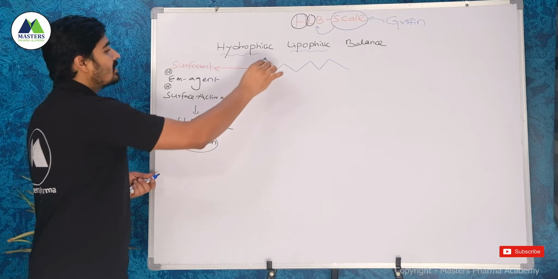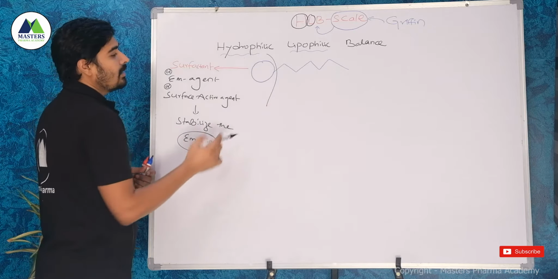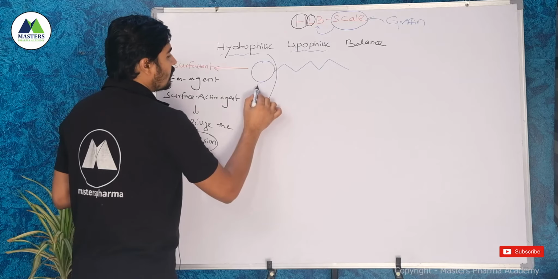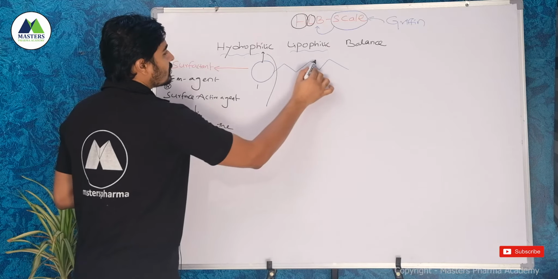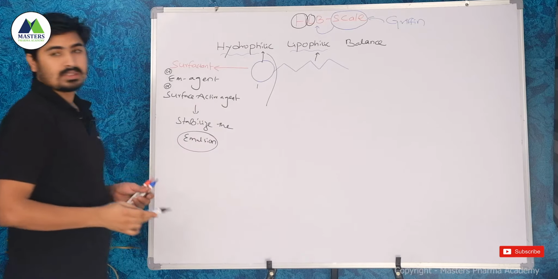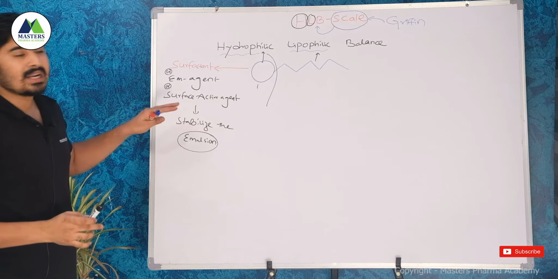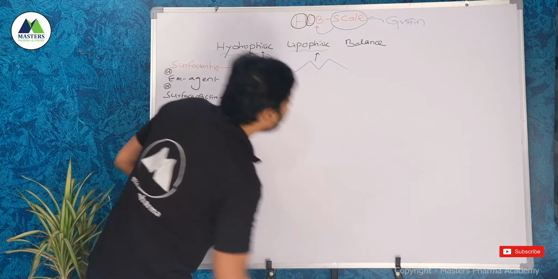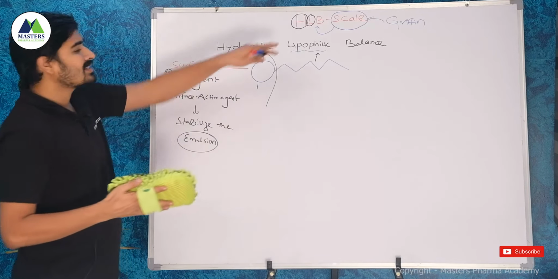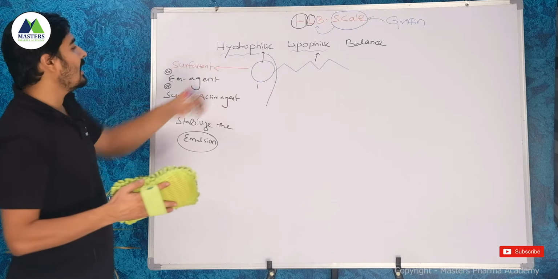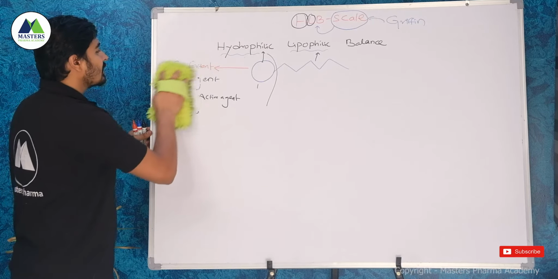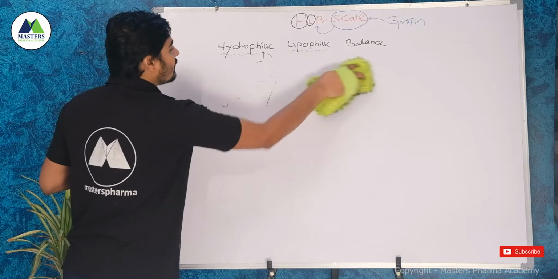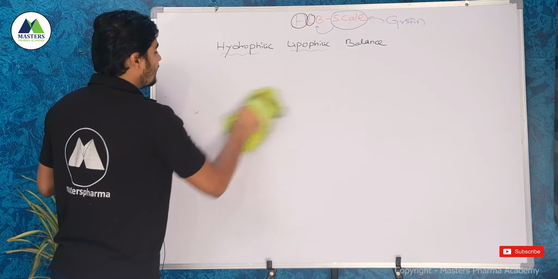It contains one head portion and one tail portion, and the head portion is hydrophilic in nature and the tail portion is lipophilic in nature. We can observe this hydrophilicity and lipophilicity in surfactants, right? Now we will discuss the scale. Griffin gave a scale, so where the surfactants or emulsifying agents are present in that scale, we will see.